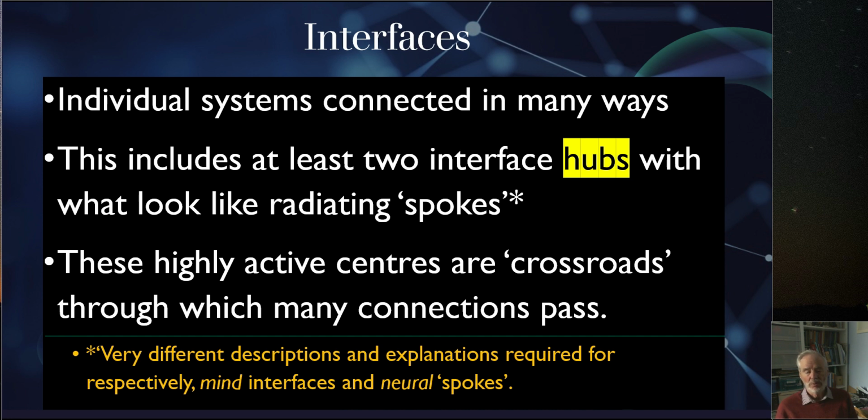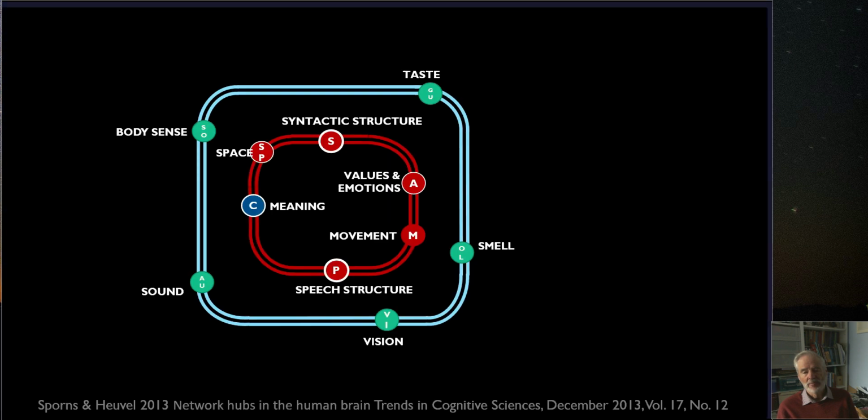But the moment you talk about the hardware, you need very different descriptions, different explanations, and a different methodology. So even though very nicely for us there is a parallel type of network in the brain and in the mind, we don't talk about them in the same language. Okay, but we're talking about the software and not the hardware.